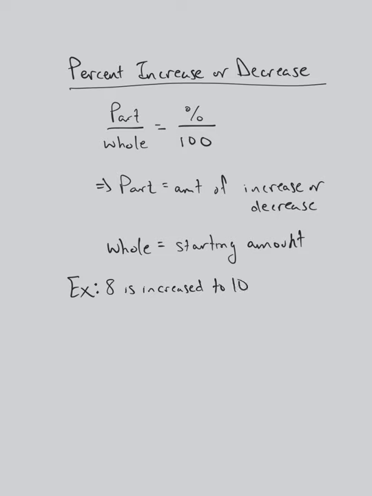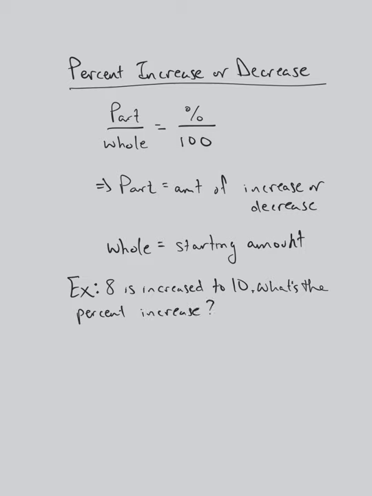So think about this as a homework paper. I initially gave you an 8, but you pointed out that I had a grading error, so I increased your score to 10. All right, and say I want to know what's the percent increase.